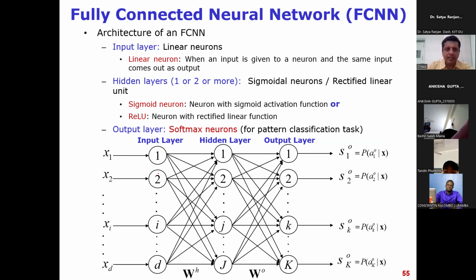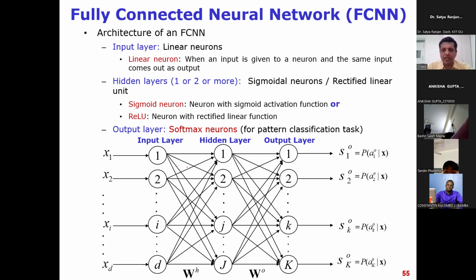The neurons in the hidden layers are called either sigmoidal neurons or rectified linear units, depending on the activation function used in that hidden neuron. The sigmoidal activation function, like what we already saw, is the tan hyperbolic or the logistic activation function, which is commonly used. In recent days, they also use the rectified linear unit as an activation function.